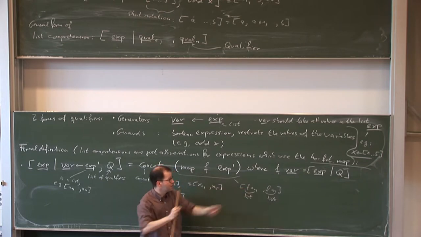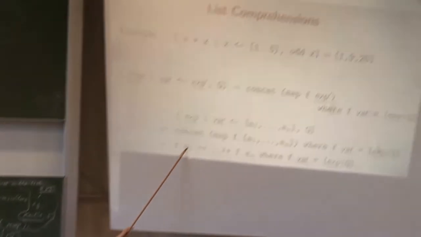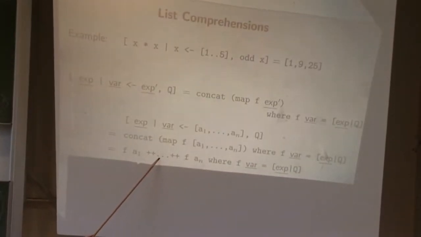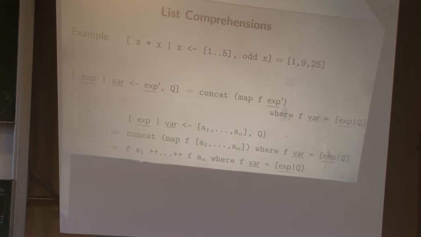So this is the meaning of this. Take the first list, and then append it to the next list, and then append it to the last list. So this is the outcome. What will happen is that this function f will be applied to all the elements in this expression prime list.